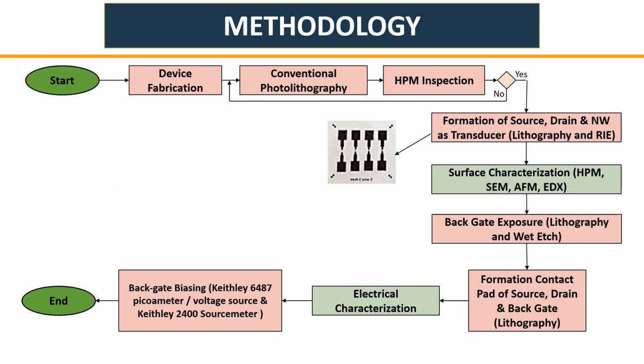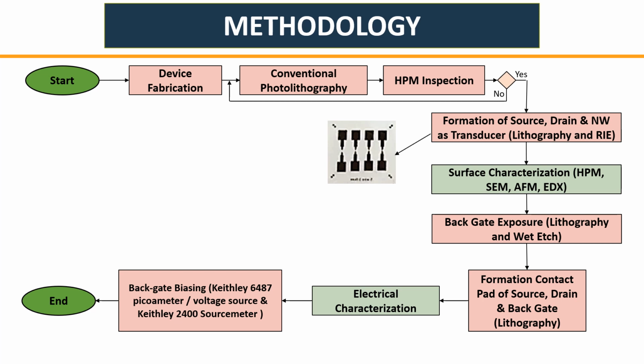So this is the methodology for our work. We are going to start with the device fabrication, and then the conventional photolithography, and then we go through the high power microscopy inspection, and then we will form the source, drain and nanowire as a transducer through the process of lithography and RIE, reactive ion etching.